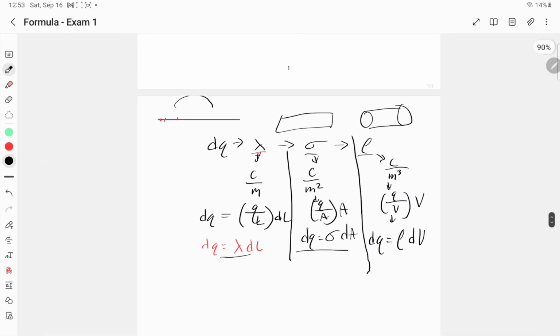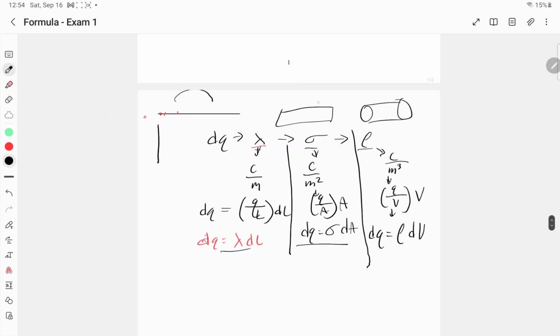So when you're approaching a problem and you don't know which one to use, like your friend asked in the Zoom call, you have to identify what the shape is. Is it a line, curved or straight? Or is it a surface, going by just area? Or is it an actual three-dimensional shape?